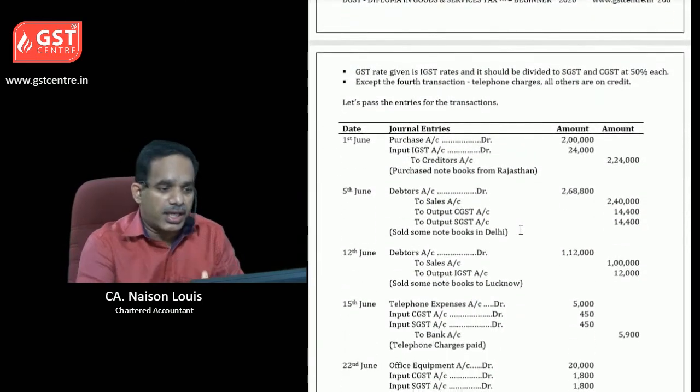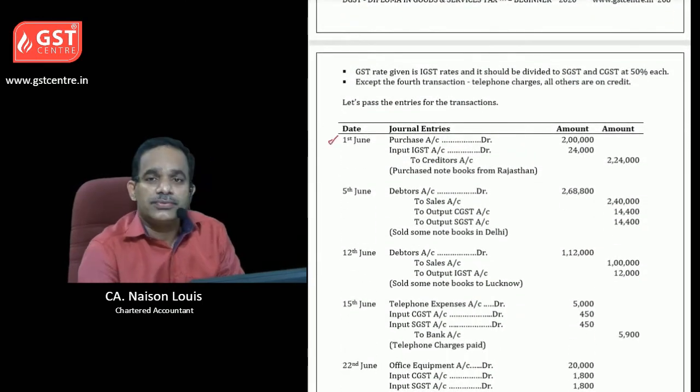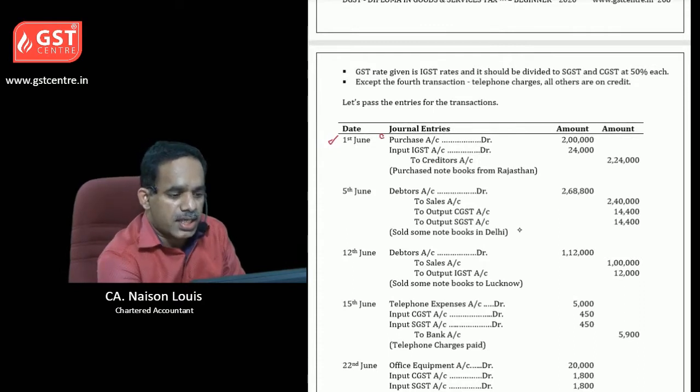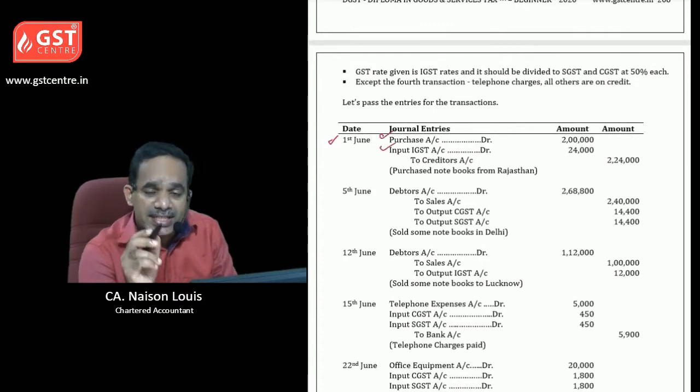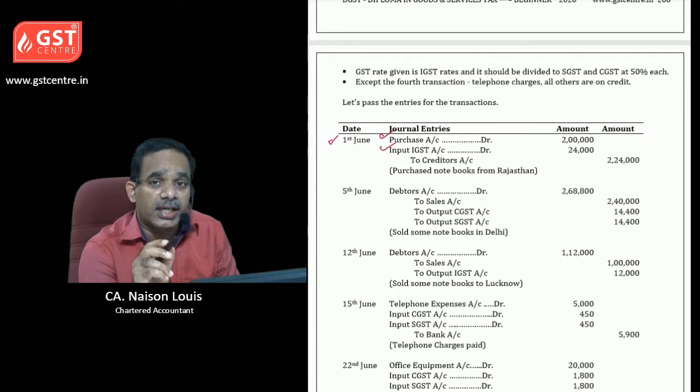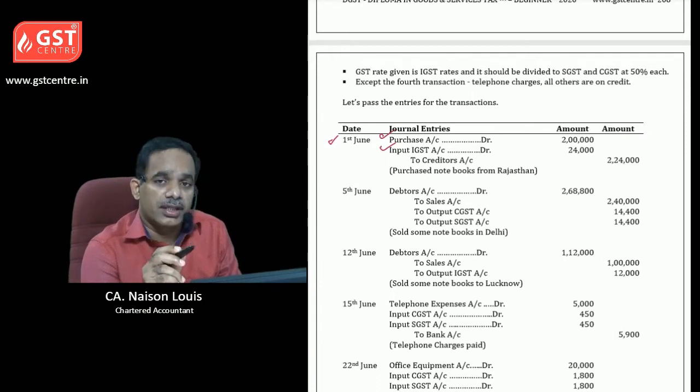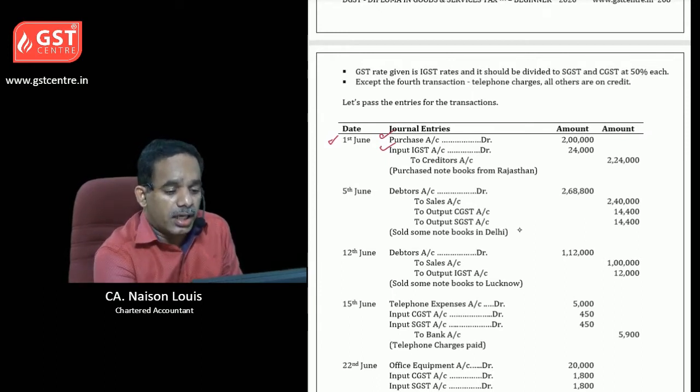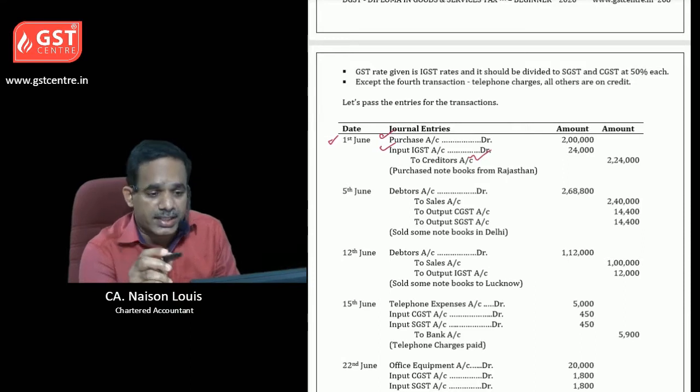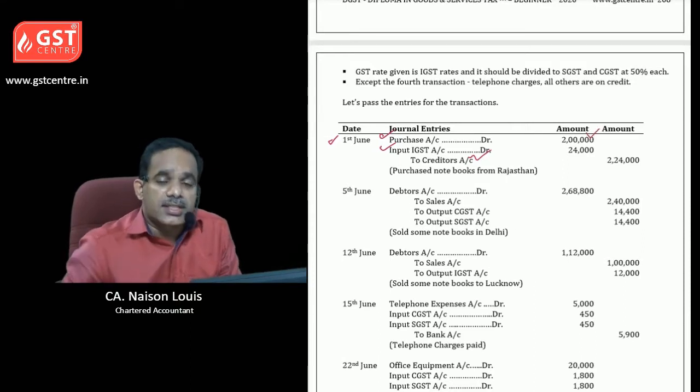We'll come to the journal entry, date is 1st June. We'll debit purchase account and debit input IGST account. Why? It is an interstate transaction. It is a purchase, and credit goes to creditors. So 2 lakh is the amount, and why 2 lakh?